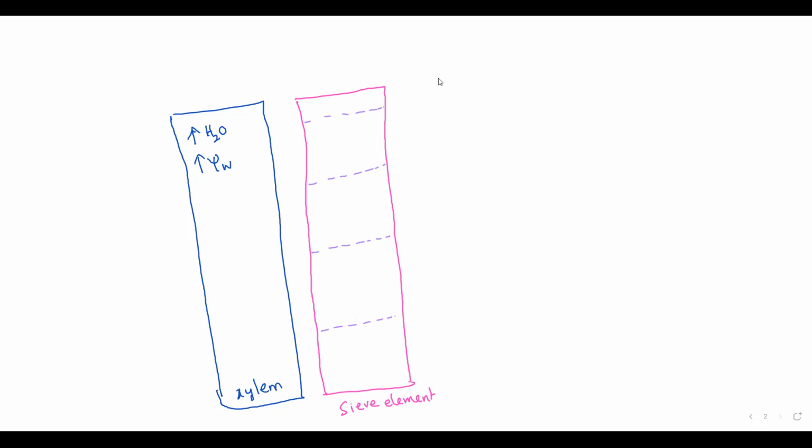And besides these, you are going to have other cells called companion cells. Companion cells and our sieve elements are connected by plasmodesmata.